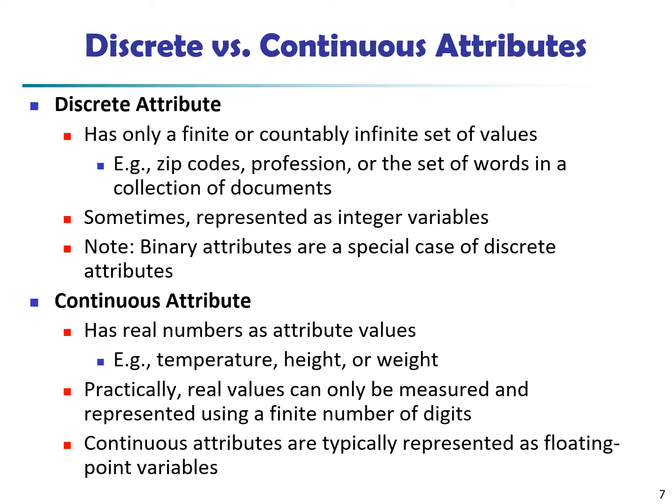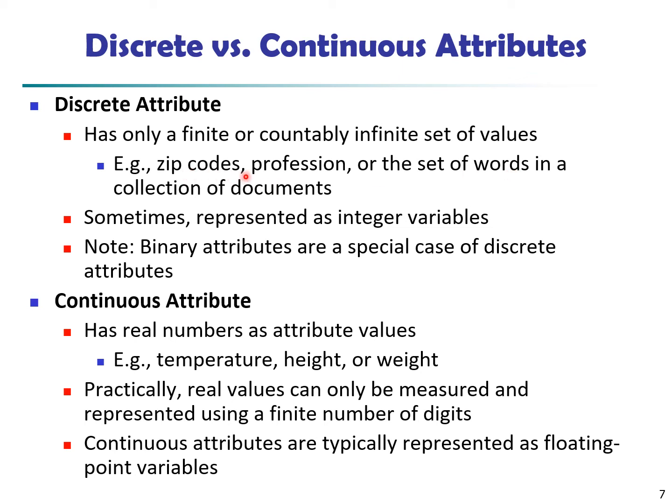Attributes can be either discrete or continuous. A discrete attribute has only a finite or countably infinite set of data. So we have a set of data that can be counted. They are limited.